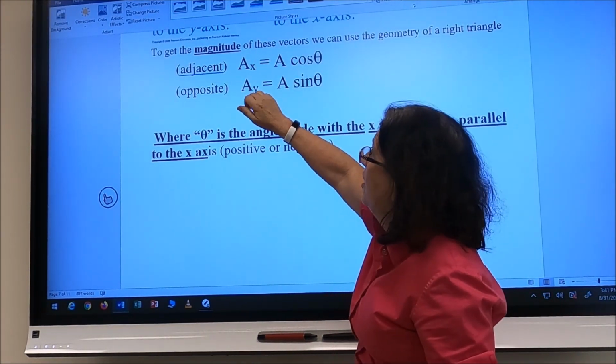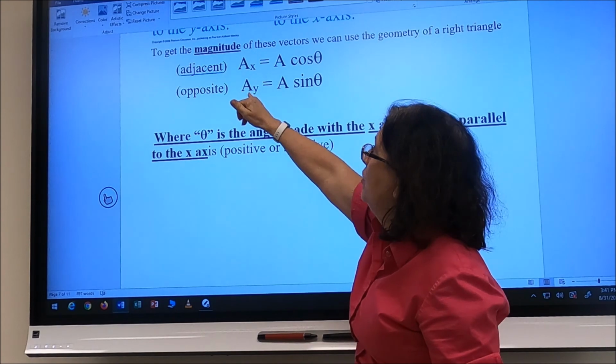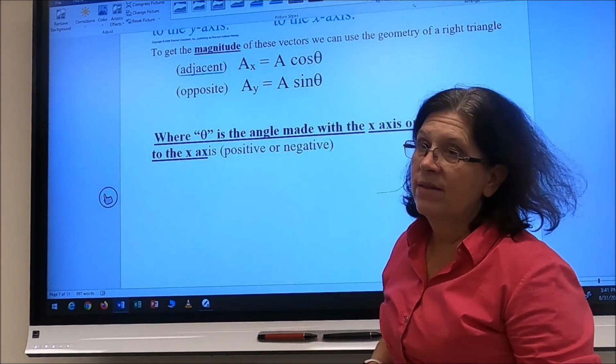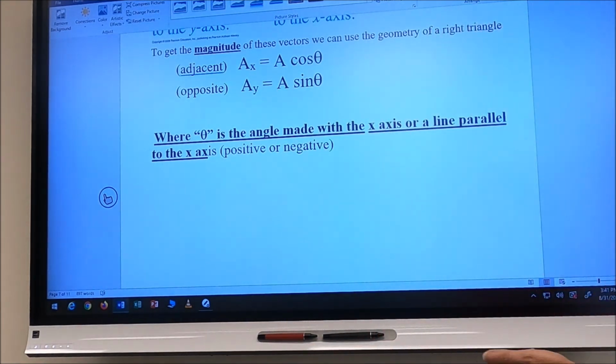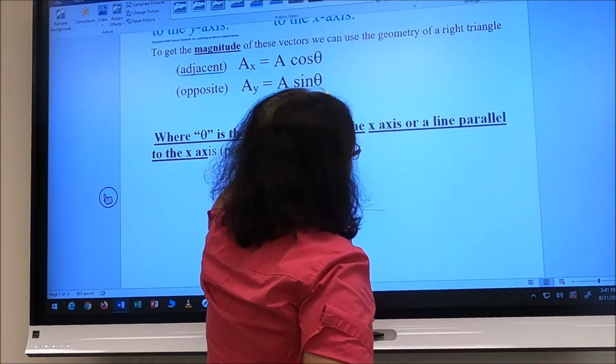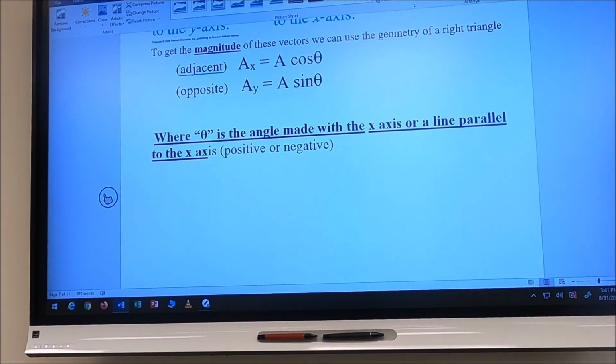Notice there's no vector signs over the top because these are just magnitudes. AY is equal to A sine of theta, where theta is the angle made with the x-axis or a line parallel to the x-axis. And it can be positive or negative, and all this is allowing us to calculate magnitude.